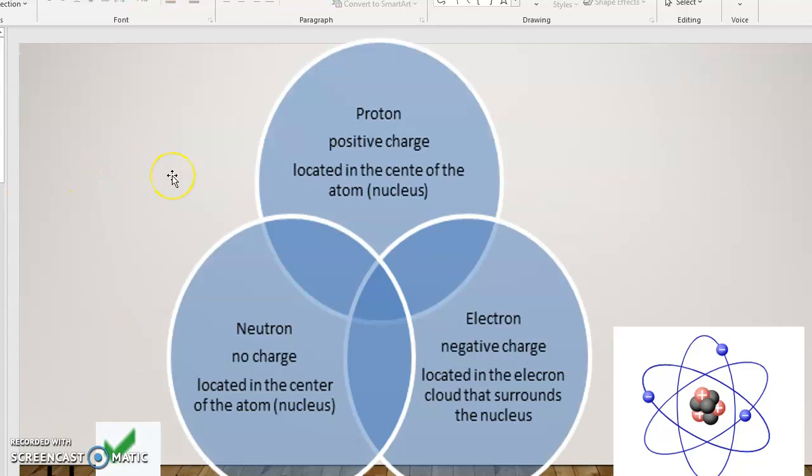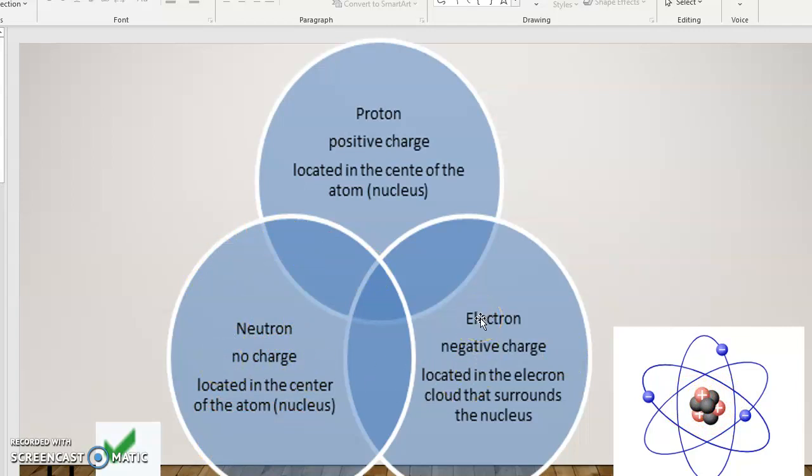So moving into the very first week, we started talking about atoms, and we used this image to try to give you guys a visual of important things in regards to the subatomic particles. Remember that protons are positively charged, and they are located in the center of the nucleus, which is here, as well as neutrons, and those do not have a charge.